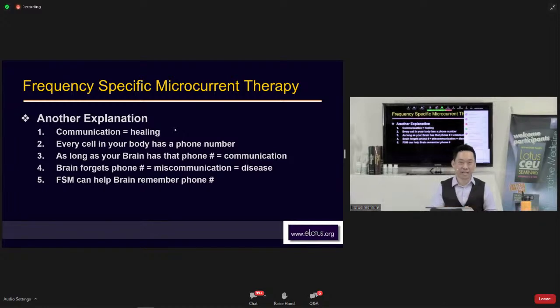So what FSM, microcurrent therapy, can do, especially this specific microcurrent device, is program specific phone numbers for the brain to call. Now, how cool is that? So if I give you the phone number for Sam, right, then you'll be able to call him and you will have communication.